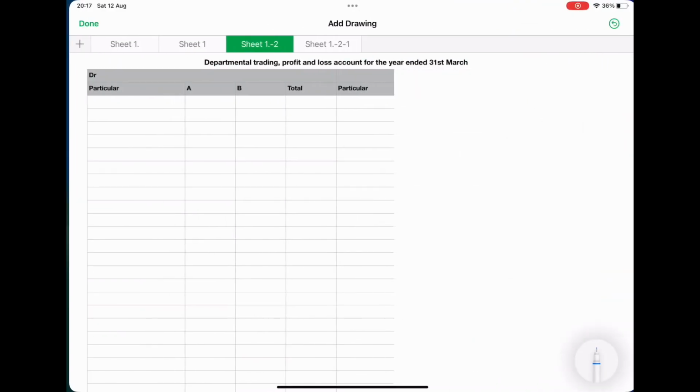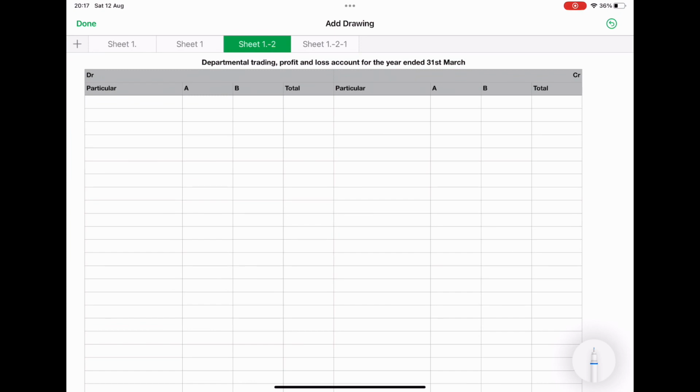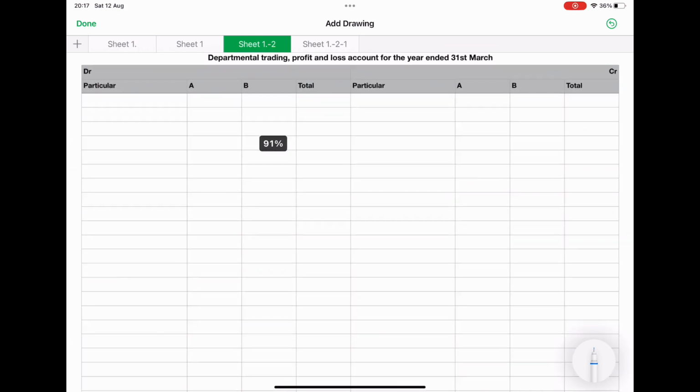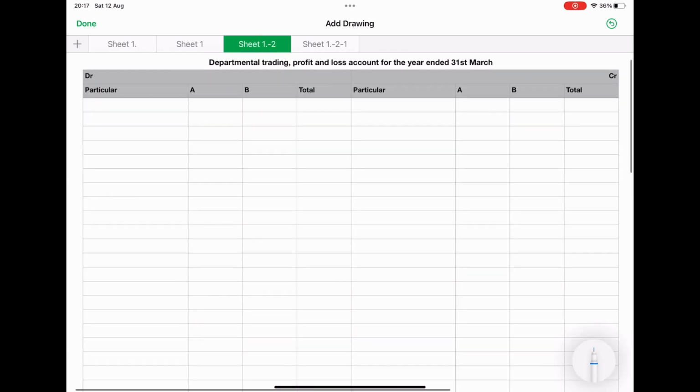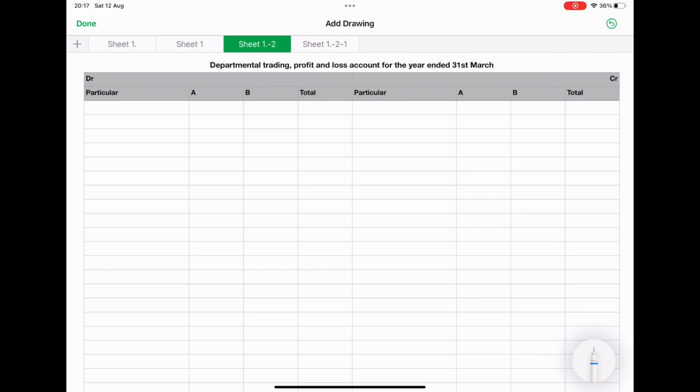Yes, this is the format: the departmental trading and profit and loss account. Always we start with opening stock. On the debit side, to opening stock. You should have the questions, then only you can understand. 17,400, 14,700, total will be 32,100.